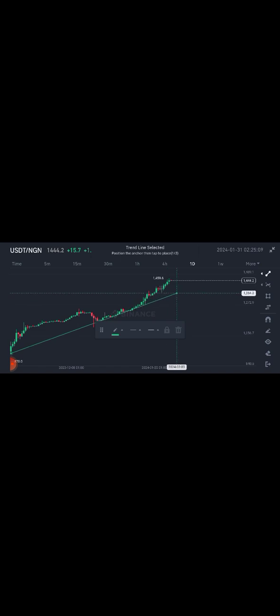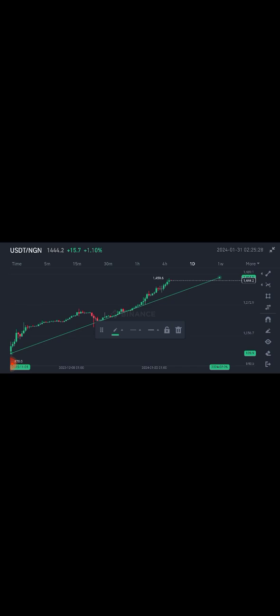So you can see that we have a serious uptrend. It is a serious uptrend, right? So the dollar is skyrocketing against Naira.